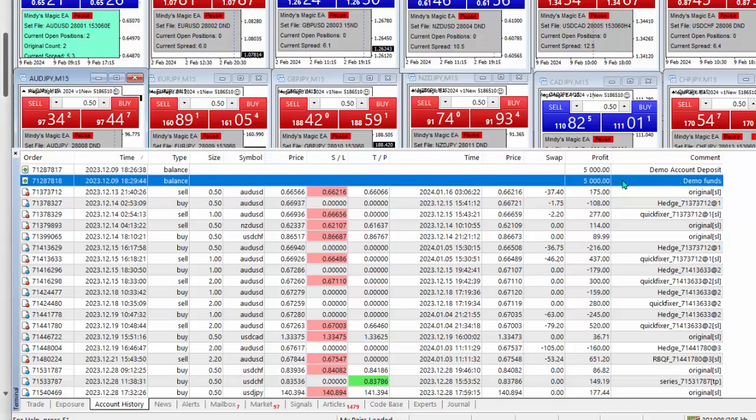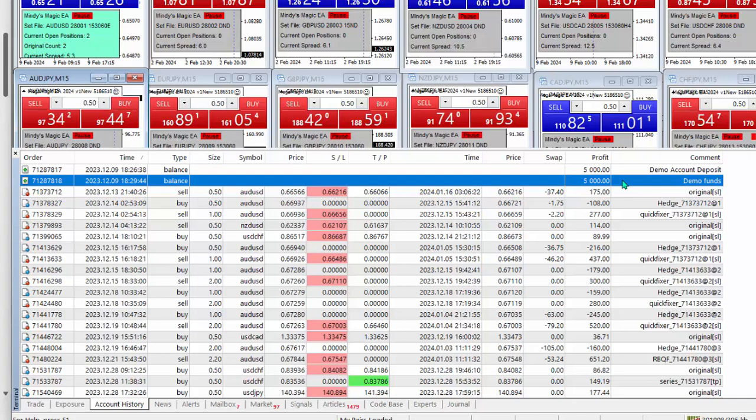Now, the reason I put $10,000 in it is because you want to trade demo accounts that are essentially the same amount that you would trade a live account with. And when I start new live accounts, which I do probably 4 or 5 times a year for different reasons, I always start with $10,000.